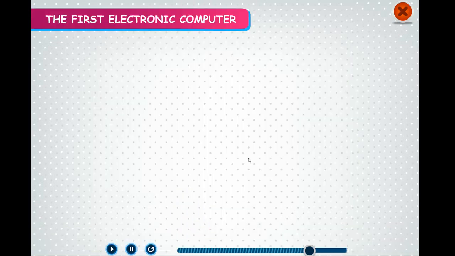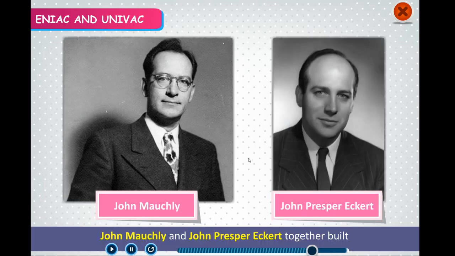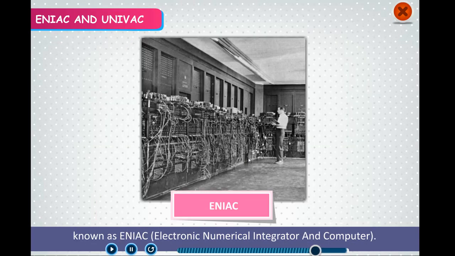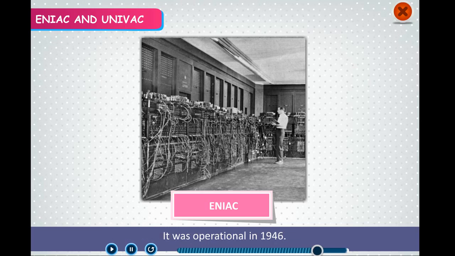The first electronic computer, ENIAC and UNIVAC. John Mauchly and John Presper Eckert together built the first successful electronic digital computer, known as ENIAC, Electronic Numerical Integrator and Computer. It was operational in 1946.